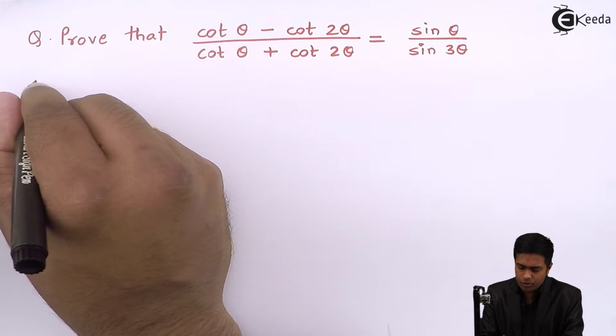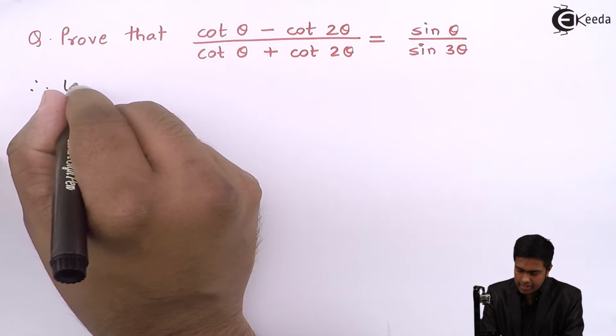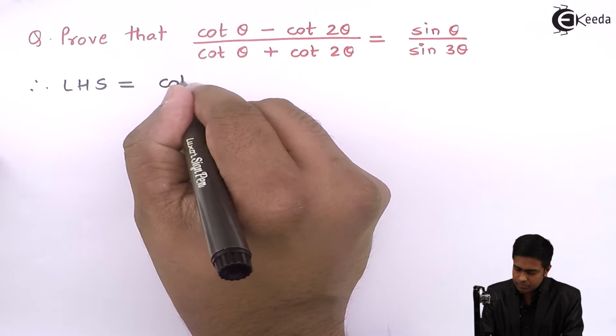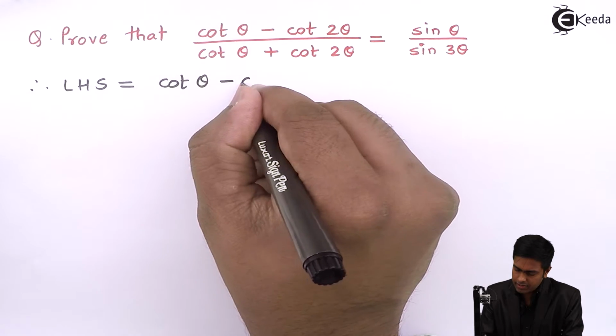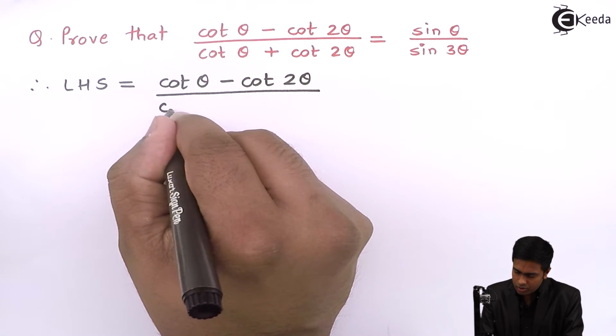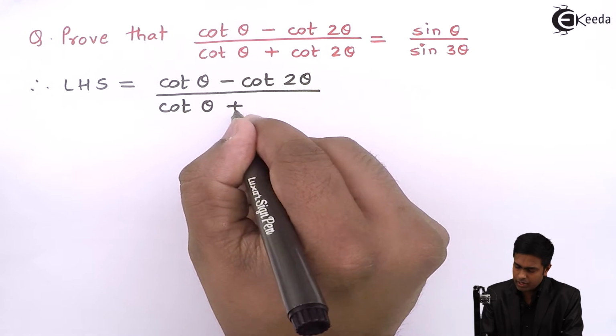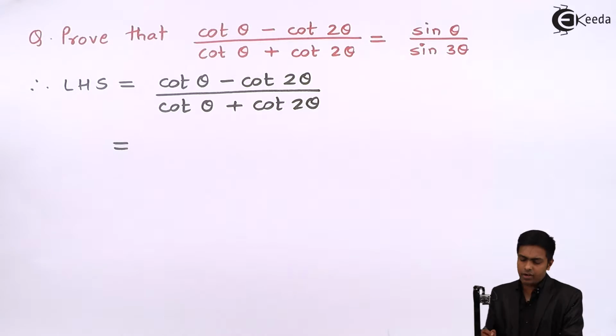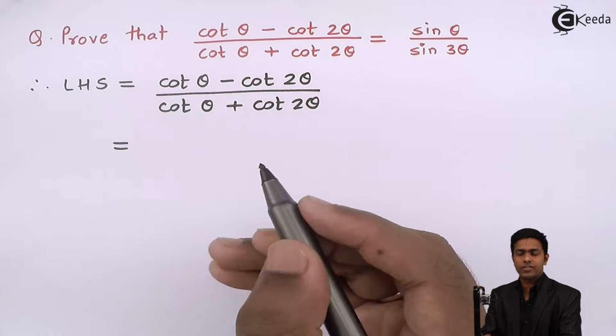So therefore LHS is equal to (cot theta minus cot of 2 theta) upon (cot theta plus cot of 2 theta). So now let's convert cot in terms of sine and cos.